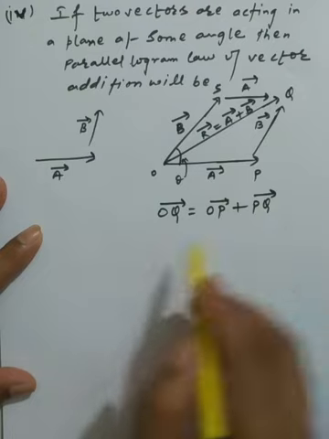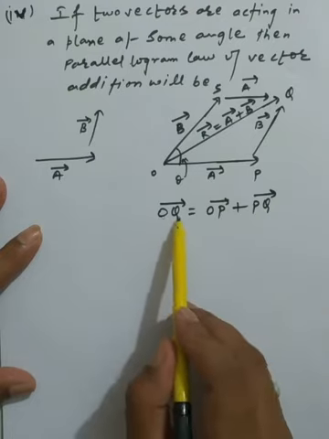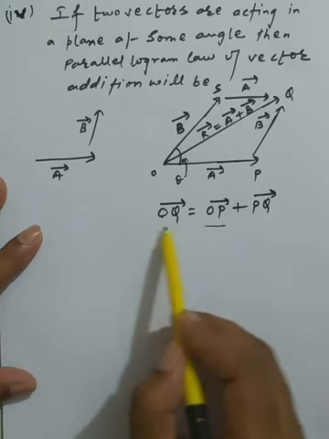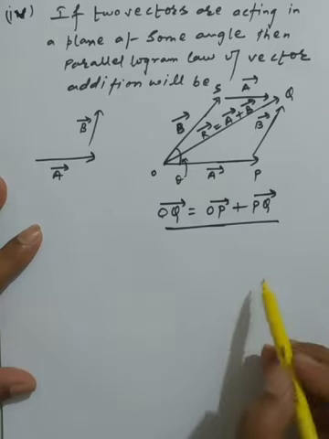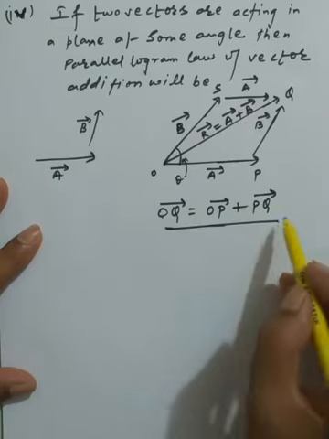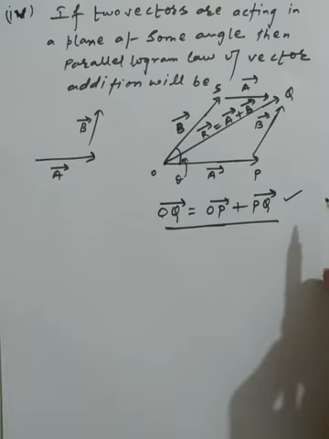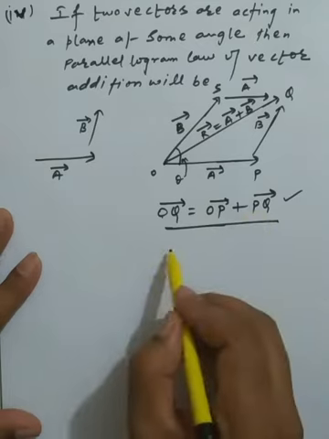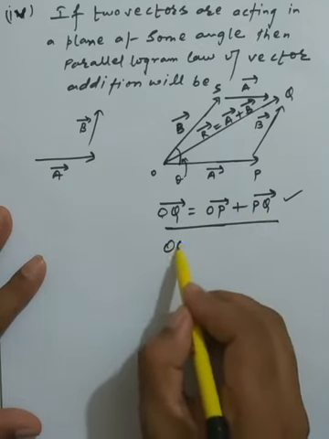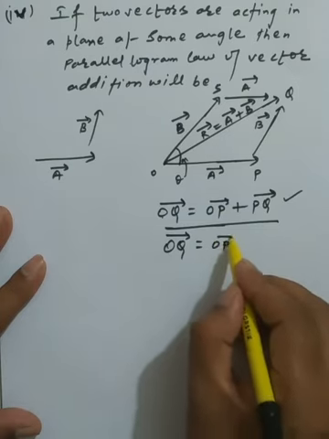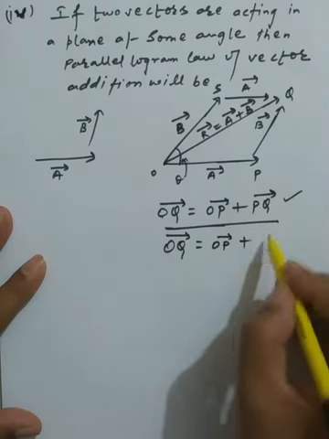So the whole calculation comes from O to Q, O to P and P to Q. So the sequence is available. This is the simplest representation by the parallelogram law, or you can directly say that the OQ vector is equal to the OP vector plus the OS vector.